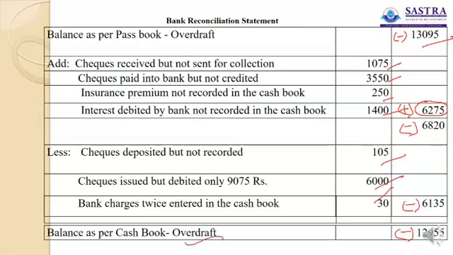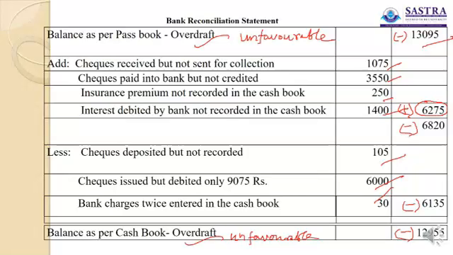So this overdraft balance may be known as unfavorable. Do you understand? It's a comprehensive illustration. Here, what are all the transactions that are very comprehensive?